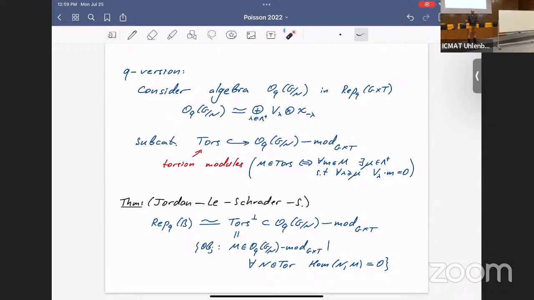And also let's just remember what OQ of G mod N is. If you wish, OQ of G is matrix coefficients of UQG. And when you say OQ of G mod N, that's matrix coefficients. So what are the matrix coefficients? You take a vector and a covector and you pair the two, right?